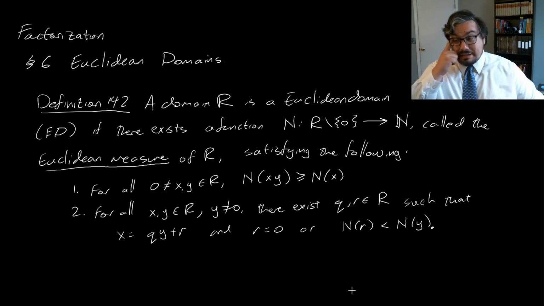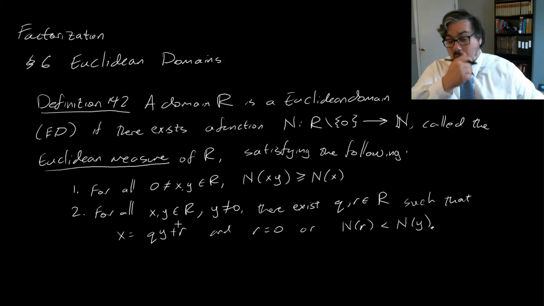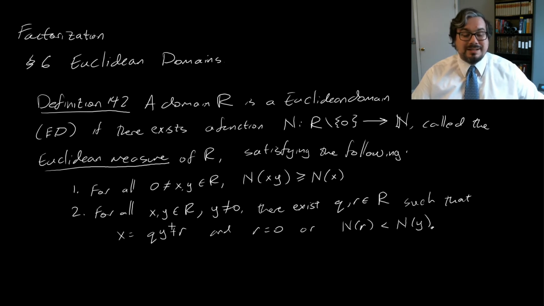So you'll notice that this condition 2 is essentially saying that the measure has to provide a version of a division algorithm, that every pair of elements x and y has to be able to be written as x equals qy plus r, where the measure of r is less than the measure of y.